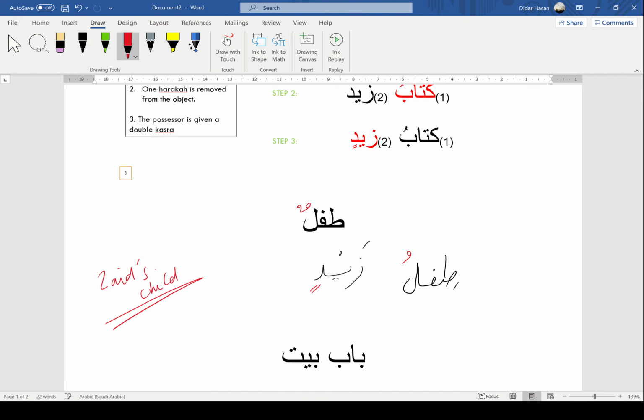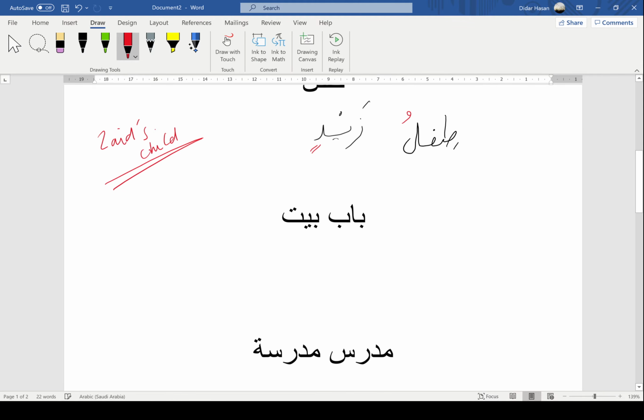Okay, so that's that done. Now we have another example. Let's say I want to say the door of the house. How do I say that? Again, the same rule. Now we have to analyze what's being possessed here and what's the possessor.